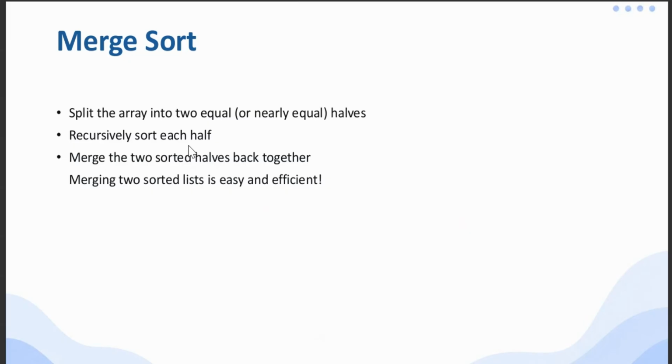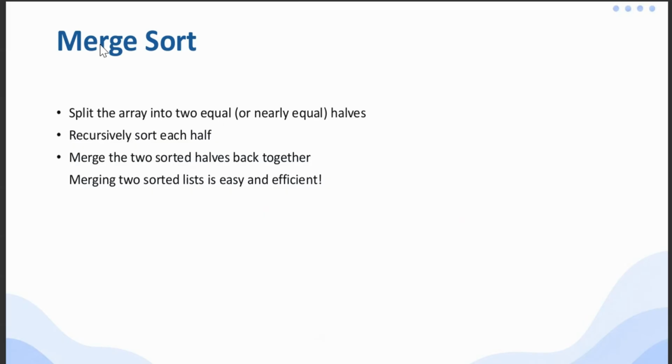Merge sort is one of the earliest sorting algorithms to achieve n log n time complexity, and its guaranteed performance has made it a fundamental algorithm in computer science, education and practice.